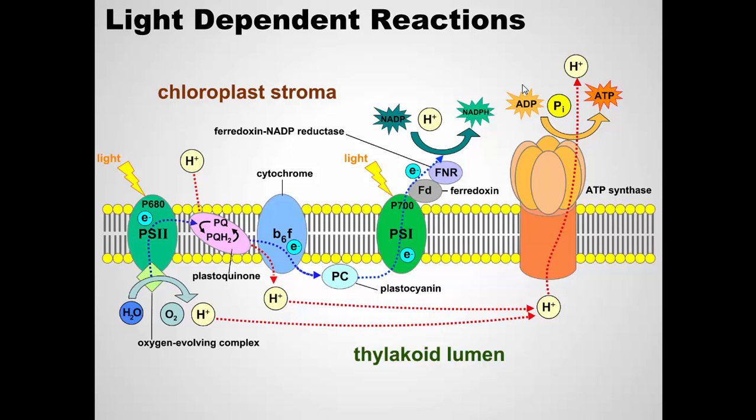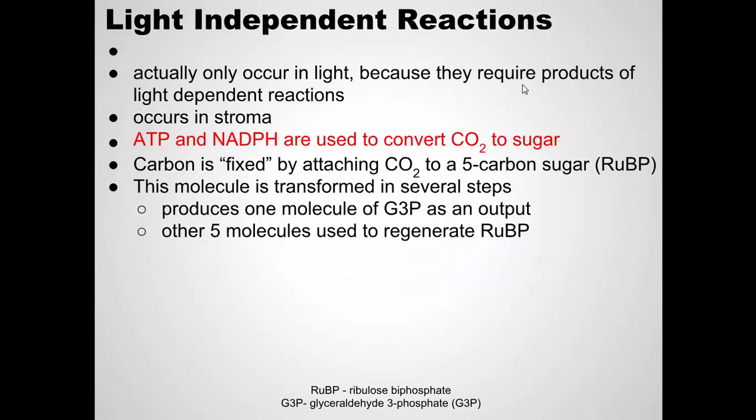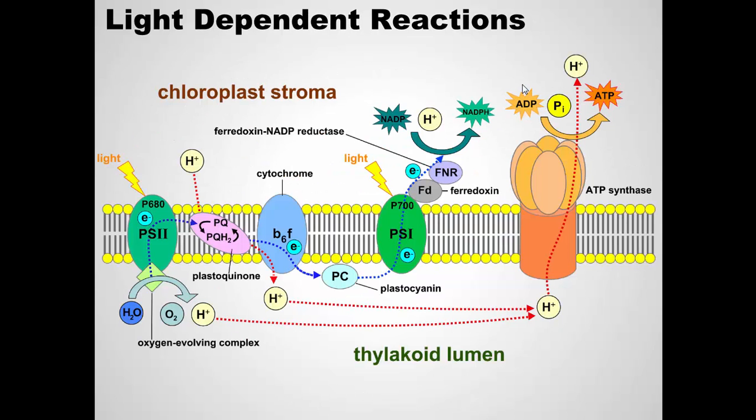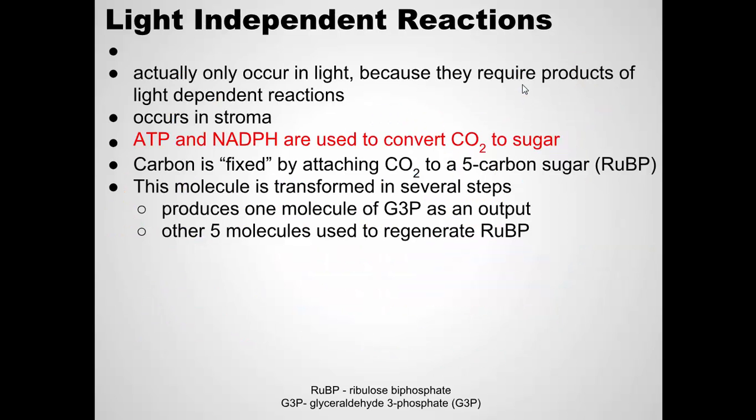Another electron gets excited by the light energy and transforms NADP into NADPH, and then hydrogen ions come through producing ATP. This complex process is the light-dependent reactions. And we know this NADPH and this ATP are going to be used here in the light-independent reactions, in the Calvin cycle.